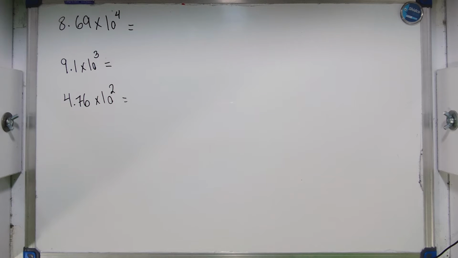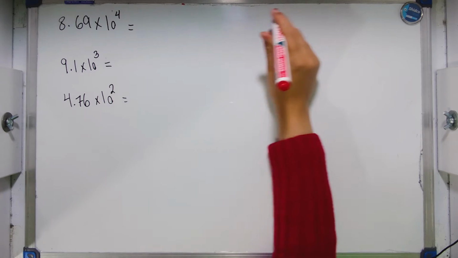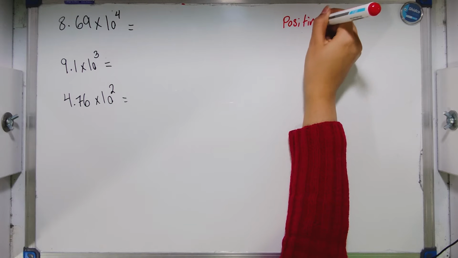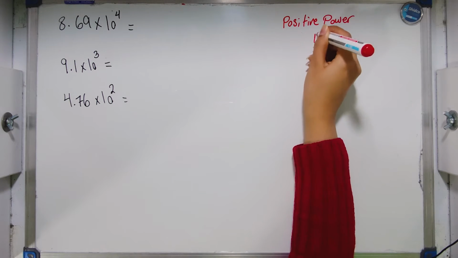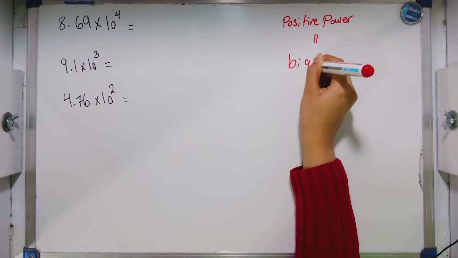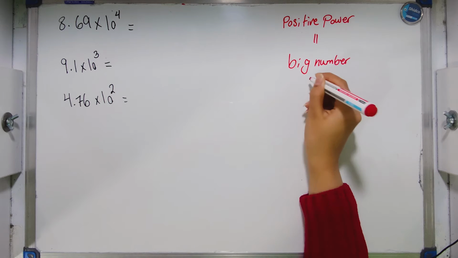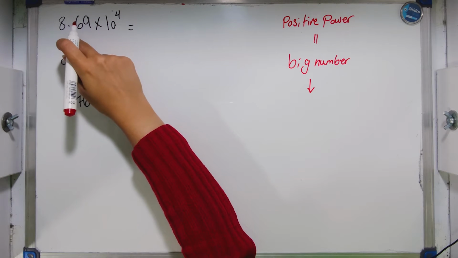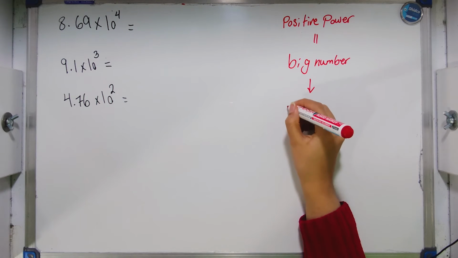So when you have a positive power, we are talking about a big number. So positive power means a big number. So you have to move the decimal point towards the right to make your number bigger.